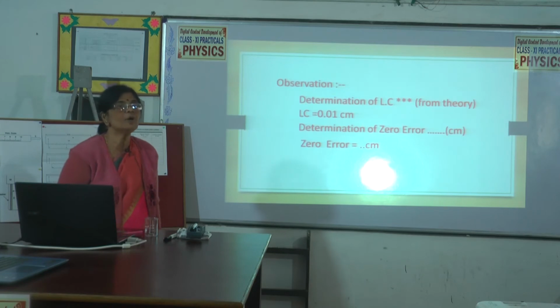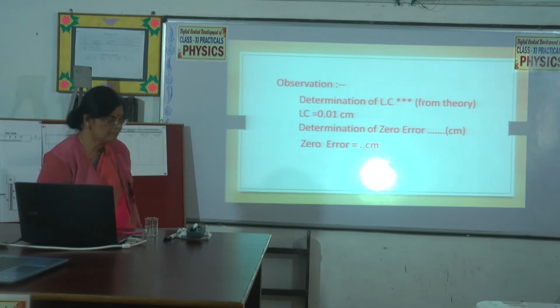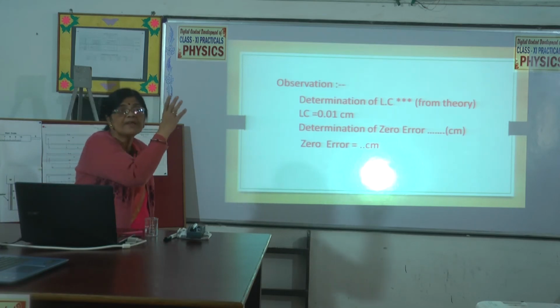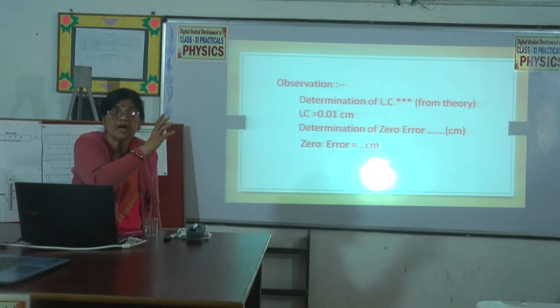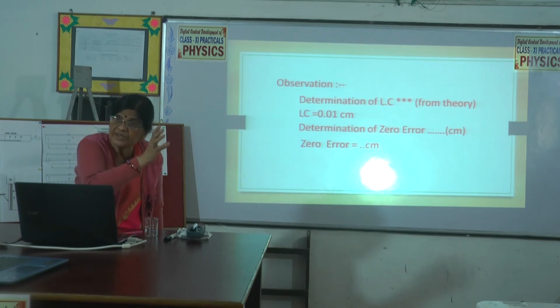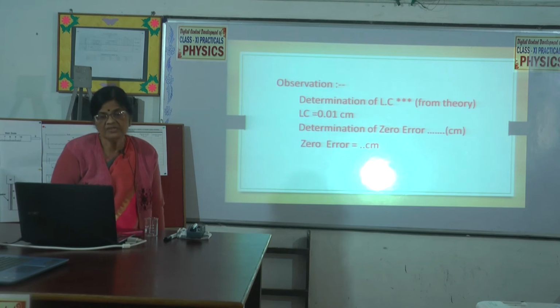Next we go to the observation part. In the observation part, I have written star marks, which means you repeat how you determine the least count and the value of the zero error; all that you enter again. So the least count is 0.01 centimeter, and the zero error, in my case, is plus 0.01.